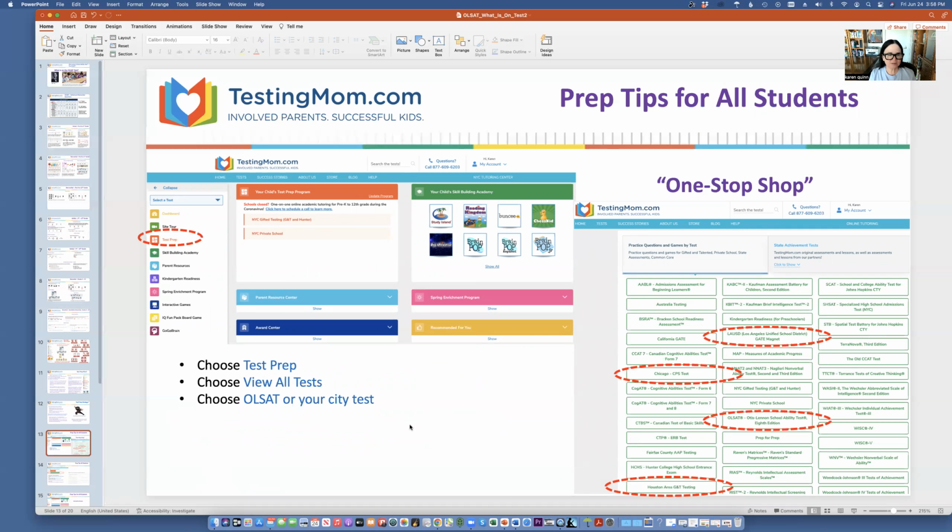And now I just want to show you where the practice questions are. When you log into Testing Mom, you just click log in, and you'll get to the home page. Click Test Prep, and something called View All Tests will come up. And then you see all of this.